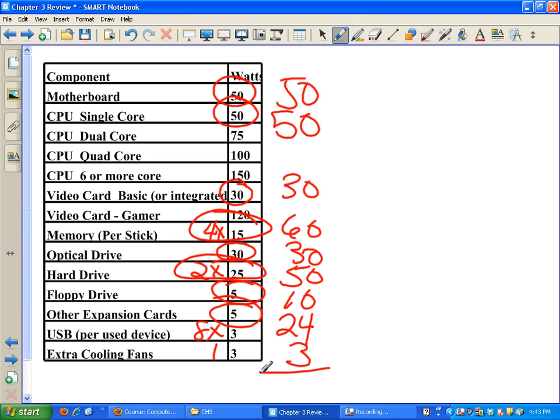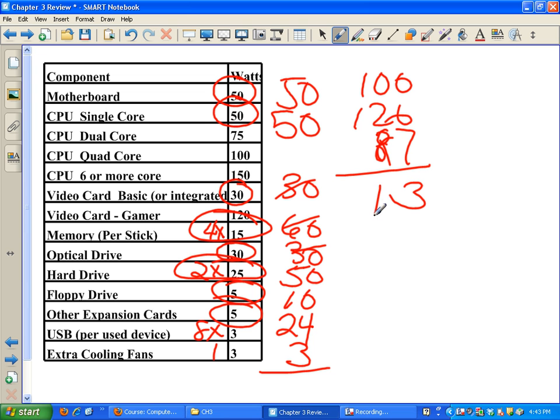So we've got 100 up here, we've got 120 down here. I'm just kind of crossing off as we go. I got another 60, 87 together, so let's do some math. 313. So I've got 313 watts right now, minimum.